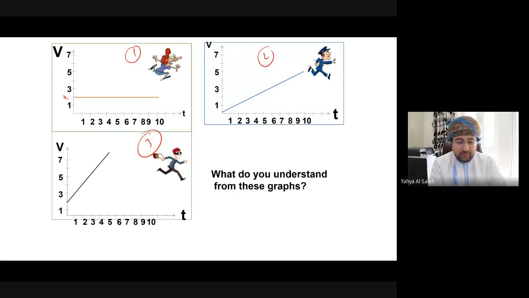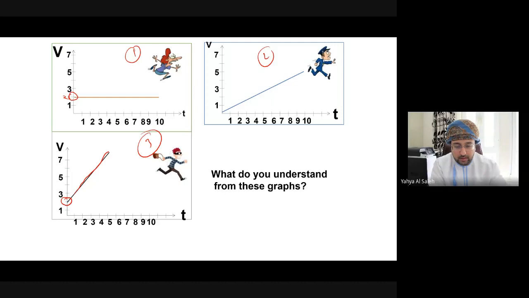Now, the thief starts running, takes the bag, and continues speeding up. He starts at 2 meters per second, which is the exact velocity of the old lady, and keeps on speeding up.